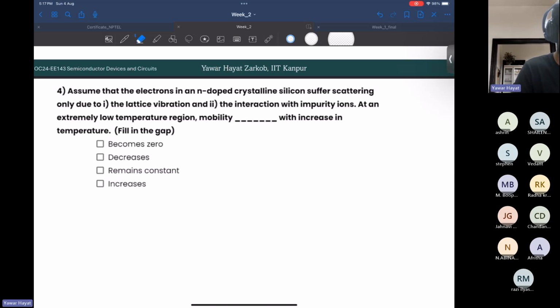Okay, let's take it step by step. At extremely low temperature region, which of the scatterings would be dominant? Would it be lattice vibration, or would it be the interaction with the impurity ions?